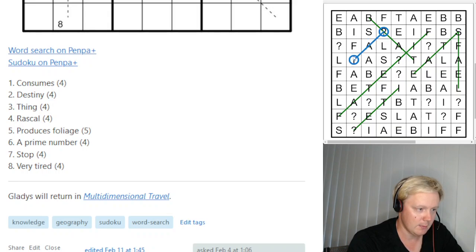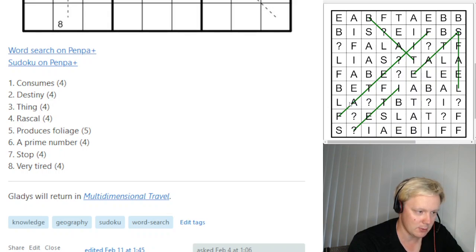Question mark, A, that's not an L. Let's continue. This question mark doesn't have an A. This one has A, L, but not a T, so that's not it. Question mark, A, that's not an L, because L can't be the question mark. What about this question mark?